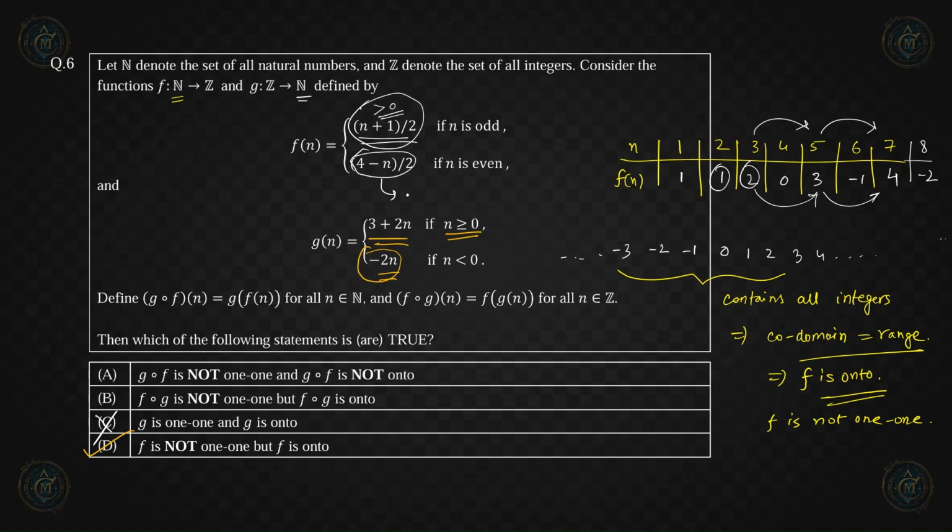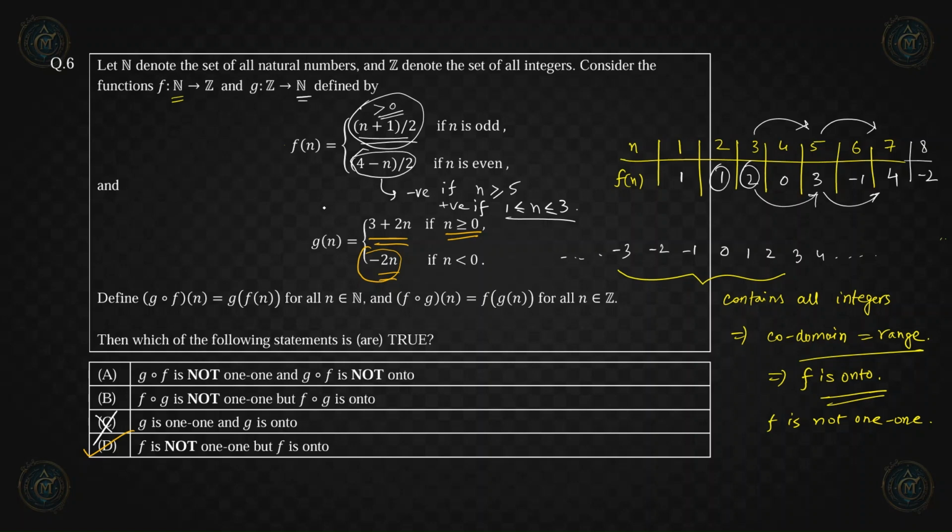But this number can be positive, negative, as well as equal to 0, right? So it will be negative if n is greater than or equal to 5 and positive if 1 is less than or equal to n less than or equal to 4, right? Sorry, this will be less than or equal to 3, we can say, right? Because for n equal to 4, this is equal to 0.